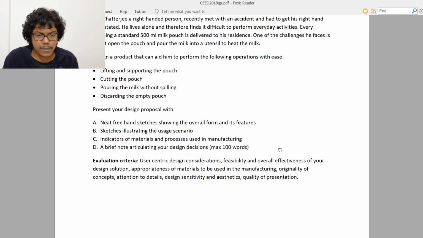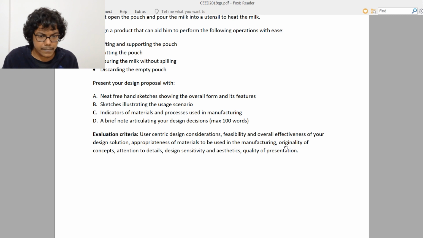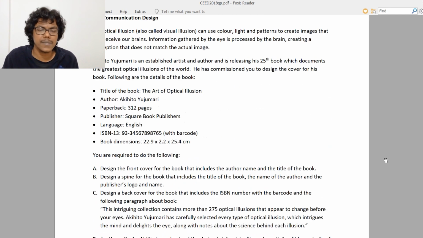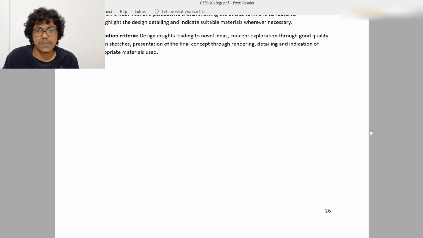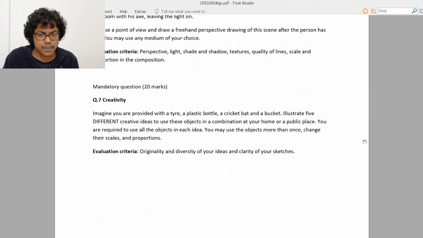It's pretty simple, man. I mean, just plan things out. Use the space quite smartly, because you have the limited space given, 1 page or 2, so you have to plan your space accordingly.